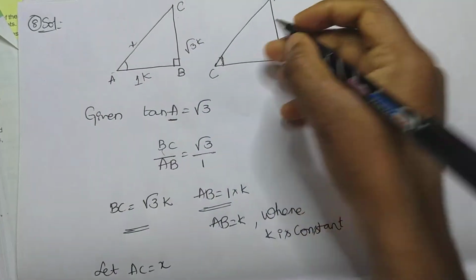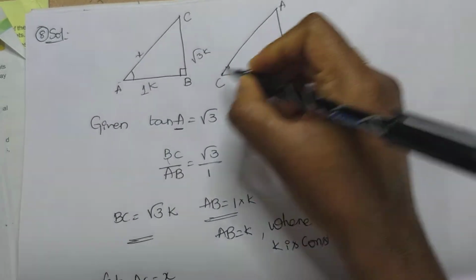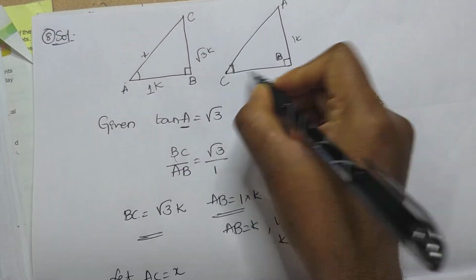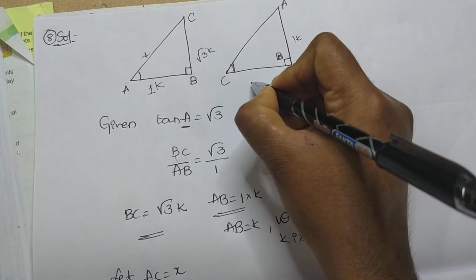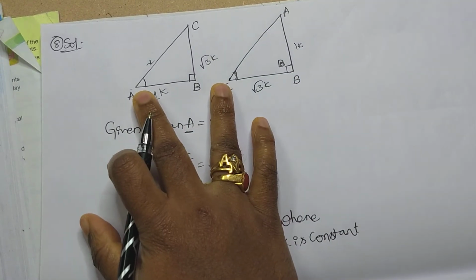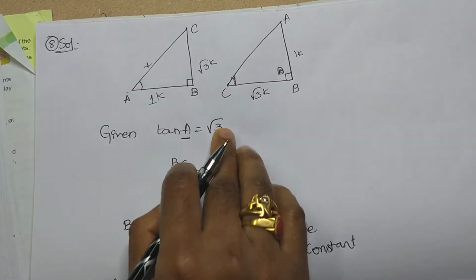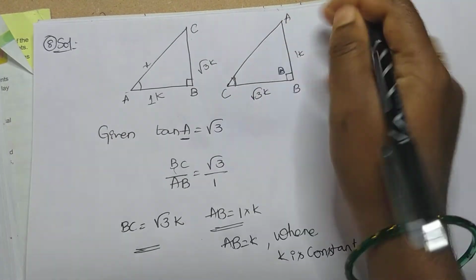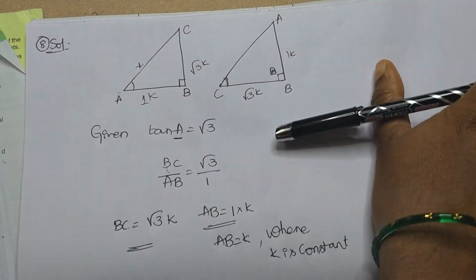So, in the place of AB, we have to take 1k. In the place of BC, same. The length of the sides does not change. Only the angle taken as reference changes. So, when the angle taken as reference changes, the trigonometric ratios change.